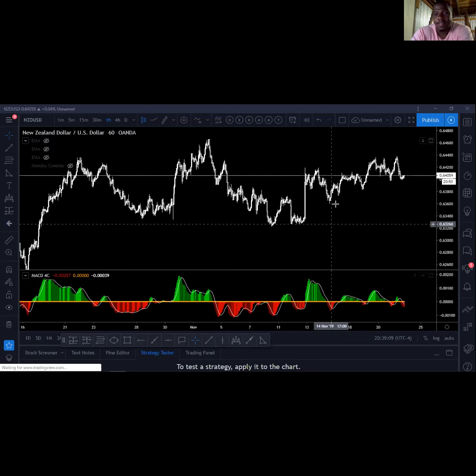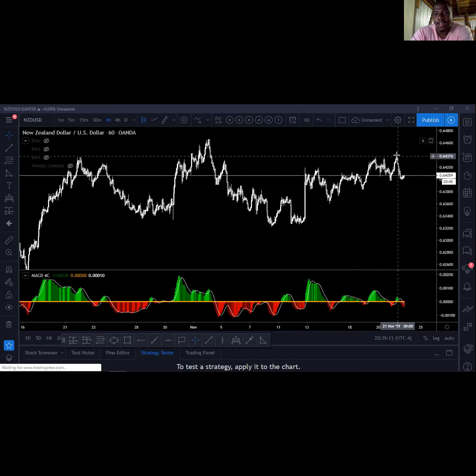All right, so those are two good definitions for resistance and support. Resistance is always above price. Price would be in an uptrend, heading up, and then it hits a certain price point that the market fails to break past, so it hits that area and then turns around.